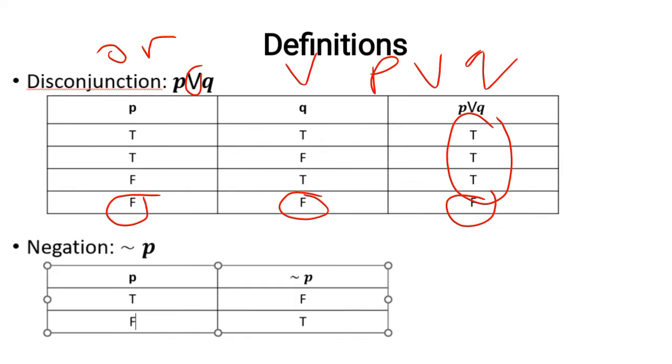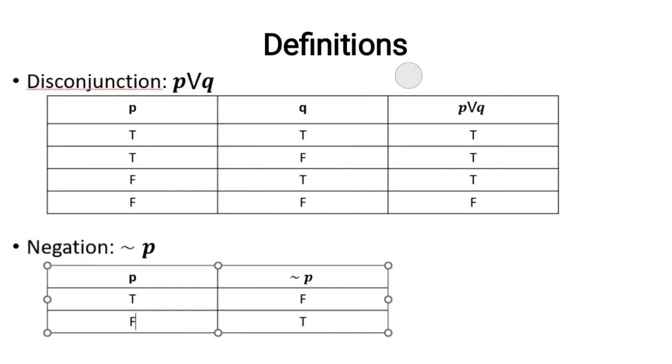For conjunction, it will be true only when both statements are true, else everything will be false. But for disjunction, so long as one person said the truth, it is true. But if both statements are false, then it will be false. Okay, so it's the opposite. So that's the two connectives. We've done conjunction, and now we've seen disjunction.